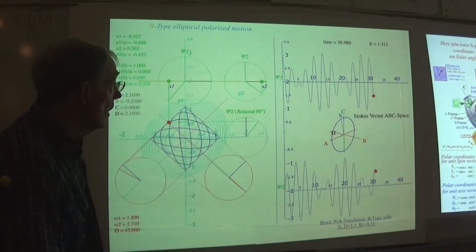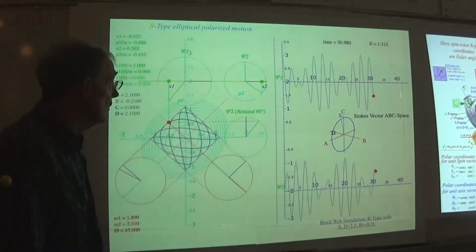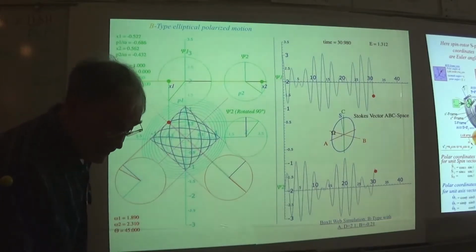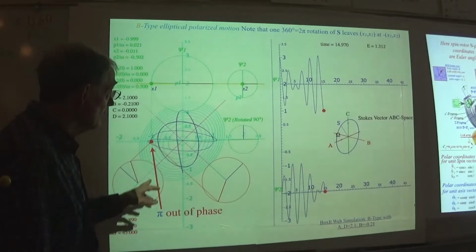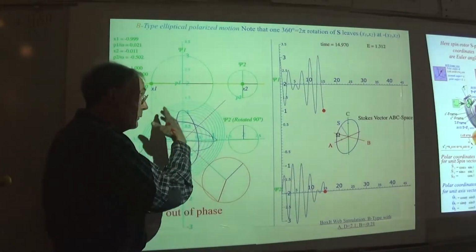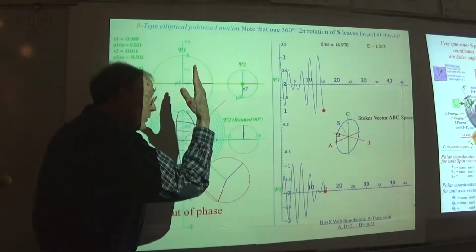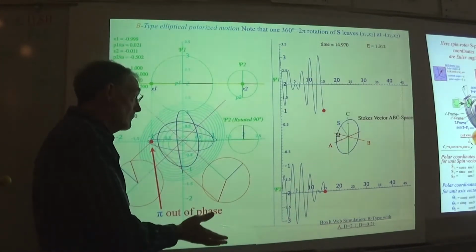But here, this particular simulation is the same as the one we just looked at, and what I want to point out is that when you do this simulation and you let the thing go all the way through 2 beats, 2 engineer beats, you get back home.